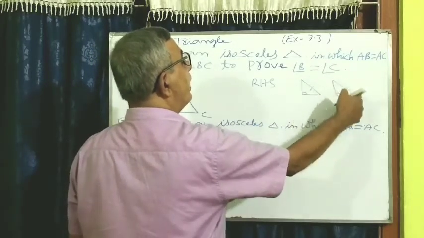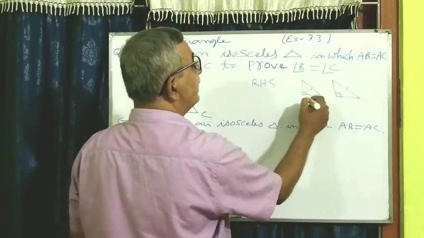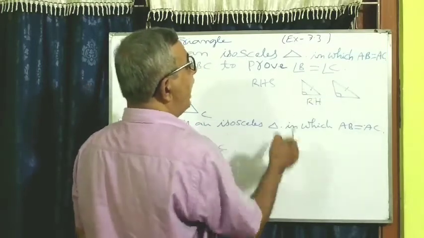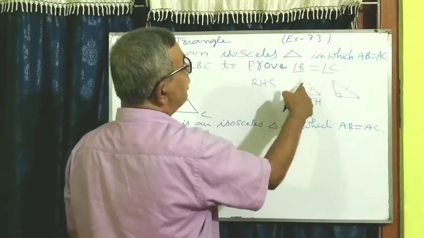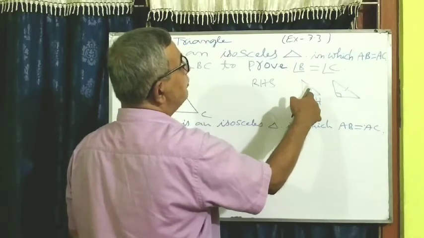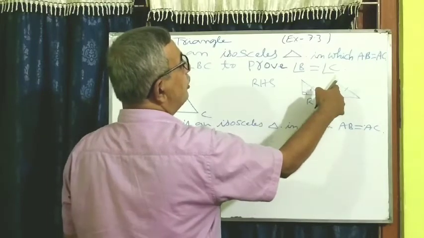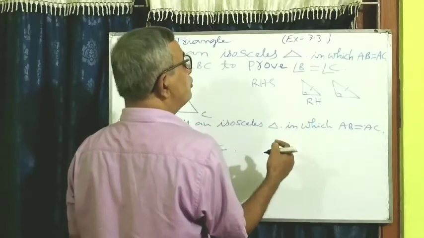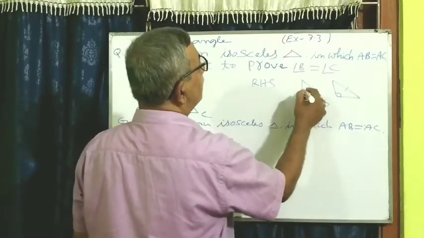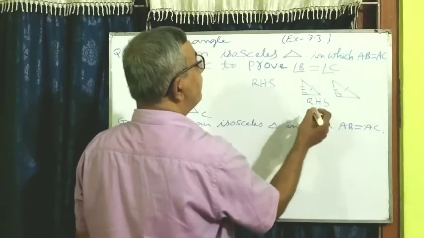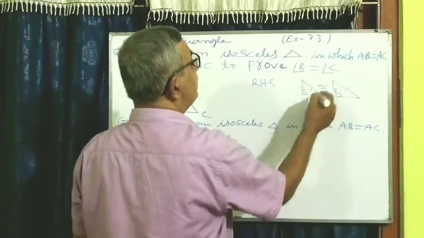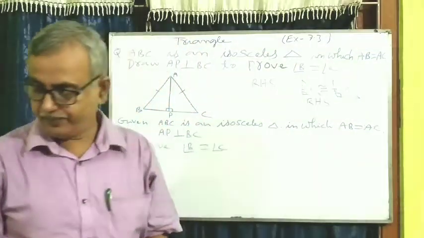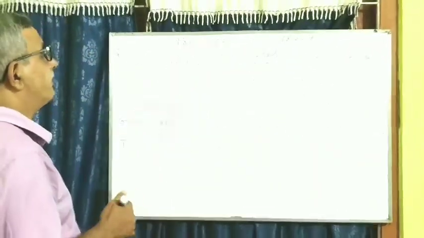So R, hypotenuse equal to hypotenuse, and any one out of the two remaining sides equal, then both the triangles will be congruent. This is called the RHS theorem.